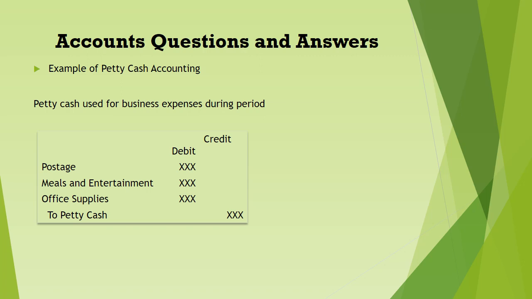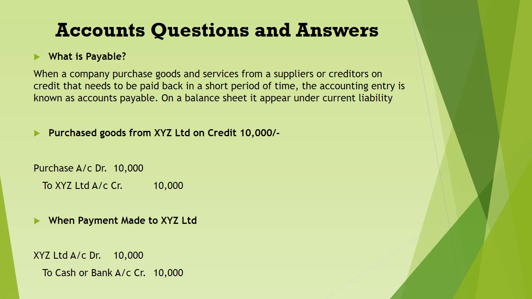And the second one, they ask what is payable. Payable means simple: we have to pay an amount to a third party, like a company or a bank. Whatever we borrow from suppliers, vendors or the bank, we have to pay.